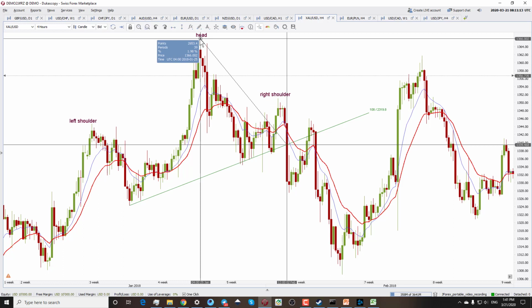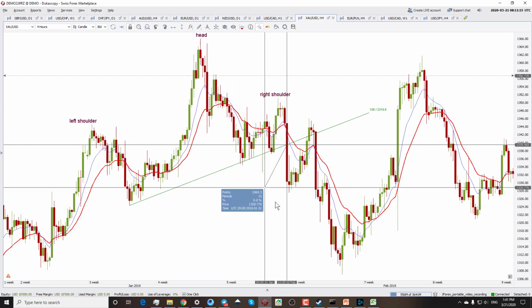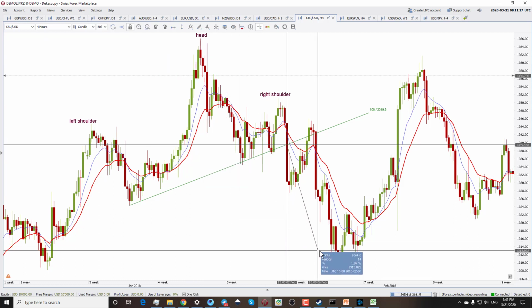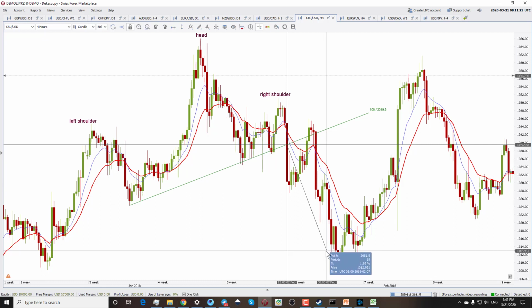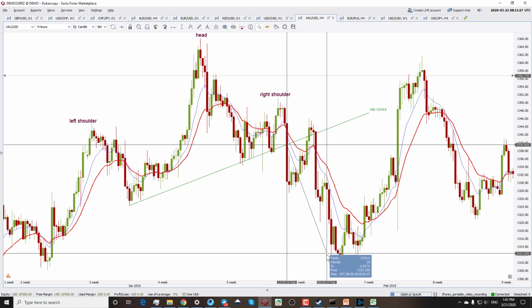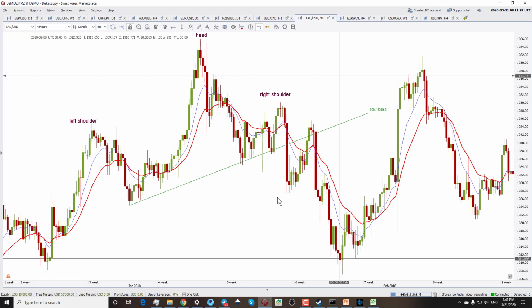So it is 2653 points. 2653 points are approximately equal to 1312.95 or 1311 points. Now the price has taken this target very easily.